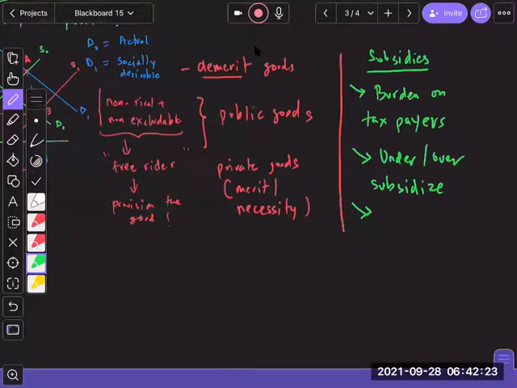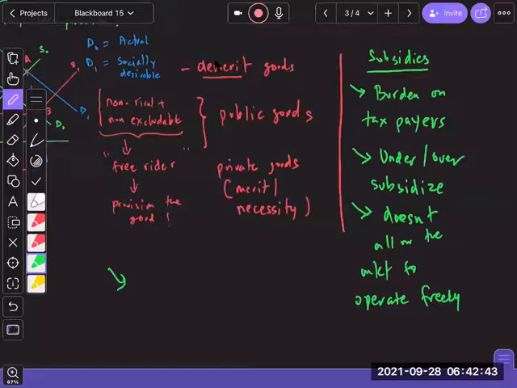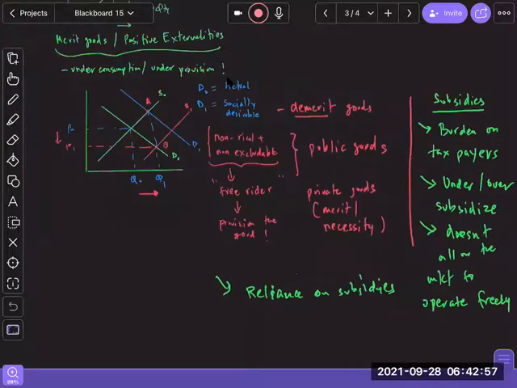Number three, it doesn't allow the market to operate freely. And yeah, good job, Shaukat. There is a reliance on subsidies. Sometimes we start relying on subsidies. So these are some of the things that I can write about.